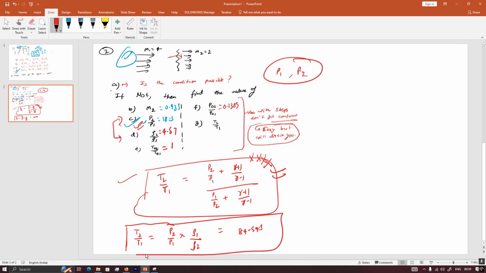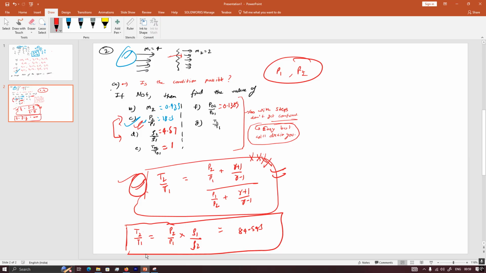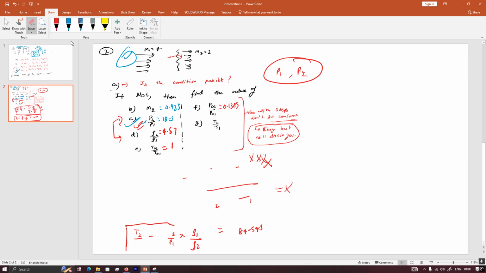If I'm wrong, just confirm with this formula and you will get the same thing. Okay. So the second question is done as well, 84.545. Yeah. So the second question is completed. I hope you got the approach of how to tackle these questions.